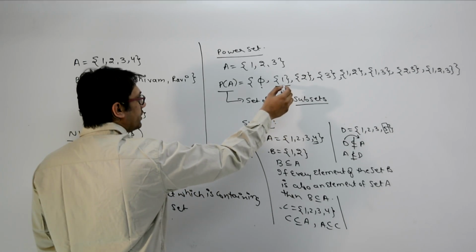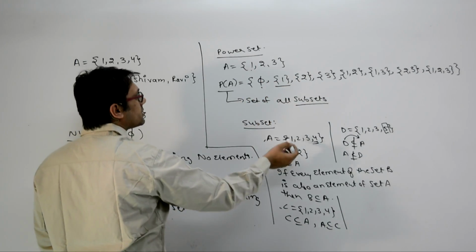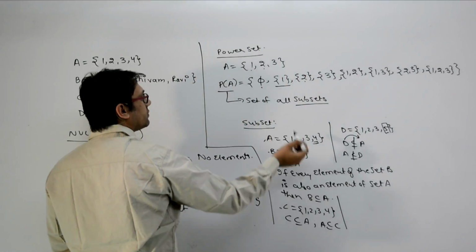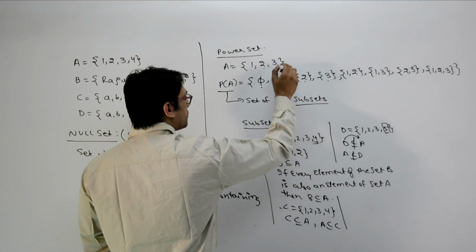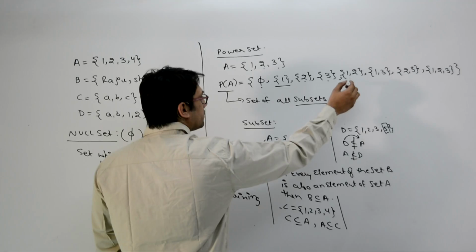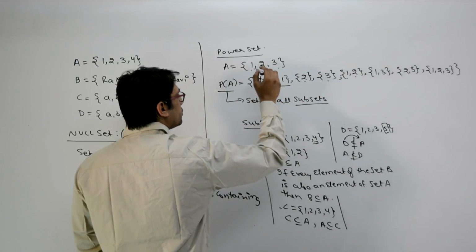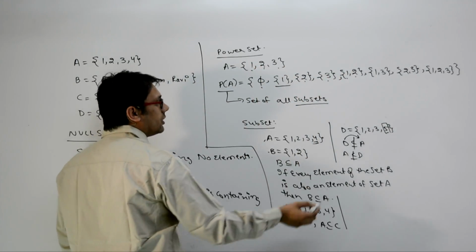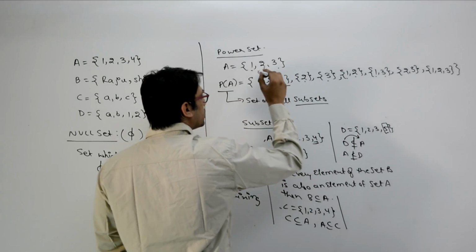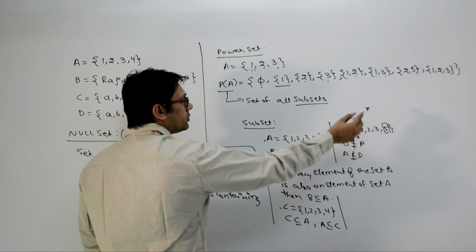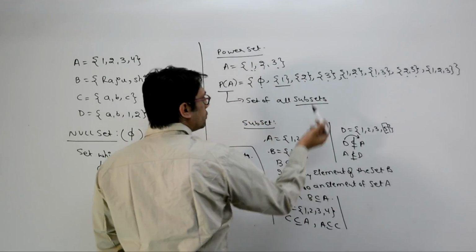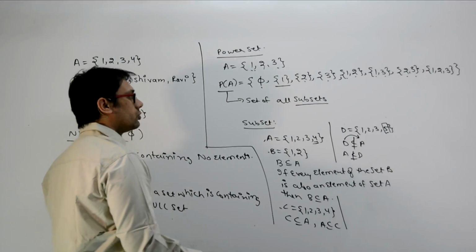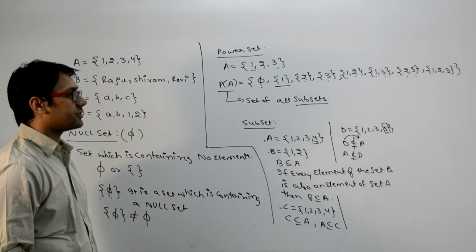So this one element is also present here, therefore it is a subset. This 2 is also present here, therefore it is a subset. This 3 is also present here, therefore it is a subset. If there are 1, 2, then 1, 2 is also present here, therefore it is a subset. 1, 3, both are present here, therefore it is a subset. 2, 3 both are present here, therefore 2, 3 is a subset. 1, 2, 3 all are present there, therefore it is a subset.